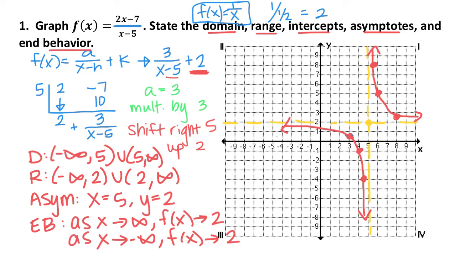Okay, so let's do the x-intercept first. I'm going to take the equation, and I'm going to set it equal to 0. So this is for the x-intercept. You take the equation, set it equal to 0. I'm going to subtract 2 from both sides. We're trying to solve for x.